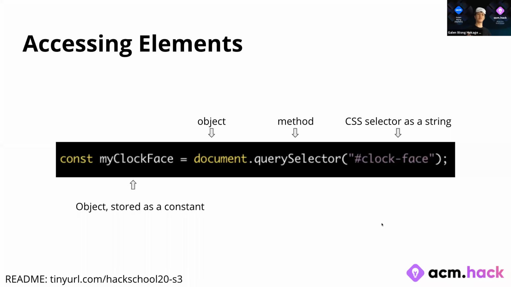To call a method, remember we use a dot, like document.querySelector, and you pass in a string, which is the CSS selector. In this case, we're selecting an element with the ID clock-face. And what it is going to return is another object. This time it is an object representing the individual element that we selected through this selector.